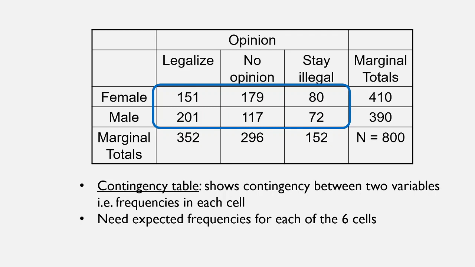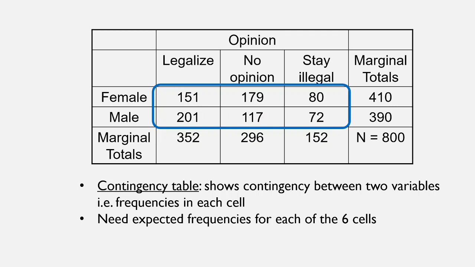Then looking over to the marginal total column to the right, that shows the total number of women and the total number of men. We're going to need those, so make sure that you can understand the difference in the contingency table between all of the 6 cells representing the frequencies completely broken down, as well as those marginal totals. To sum up all 6 of those cells gets you to that overall N of 800.